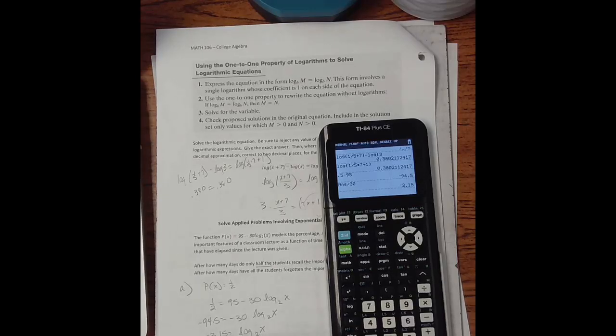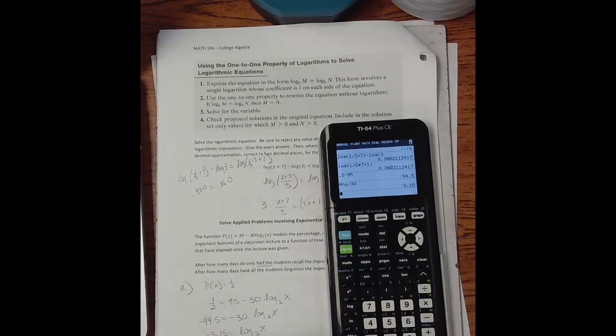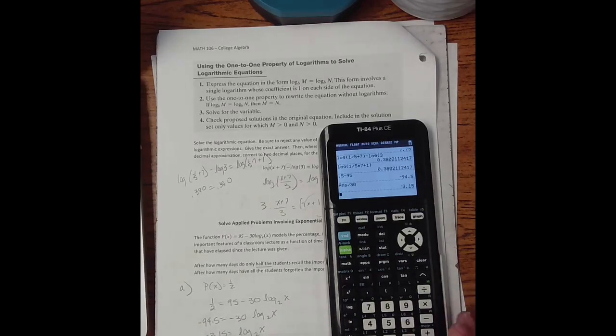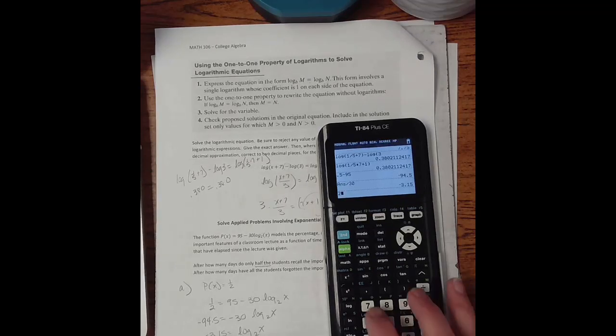So I'm going to say 2 to the negative 3.15 is going to equal X. So I'm going to go 2, and then I'm going to go power negative 3.15. I'm going to get an answer smaller than 1.